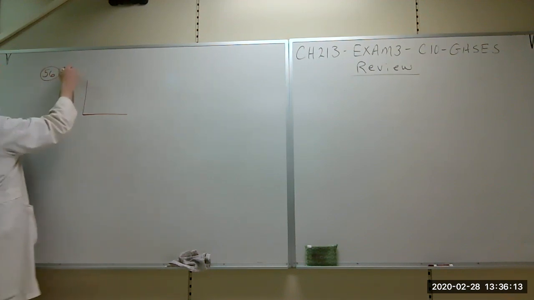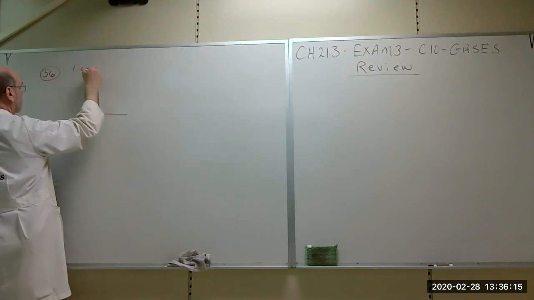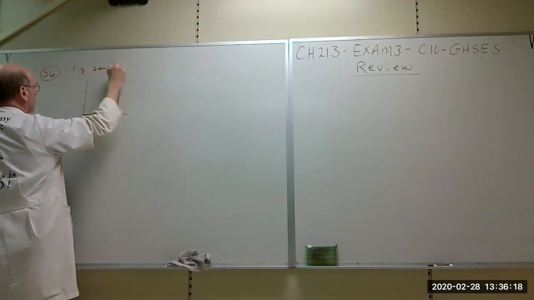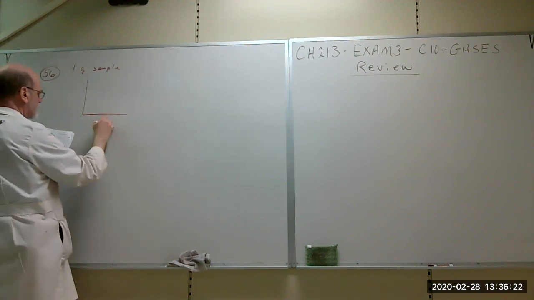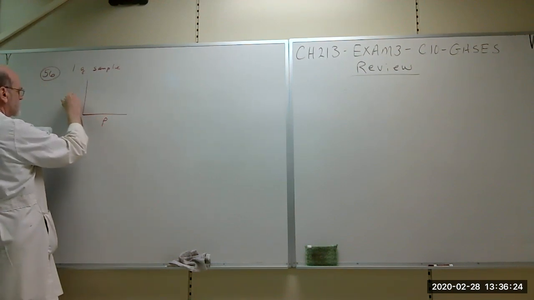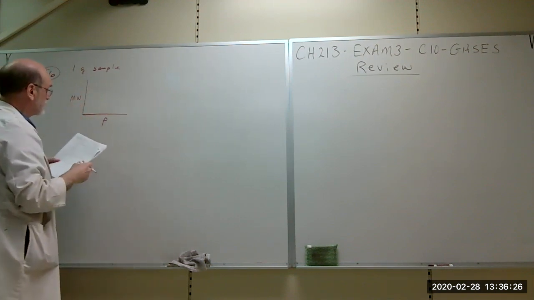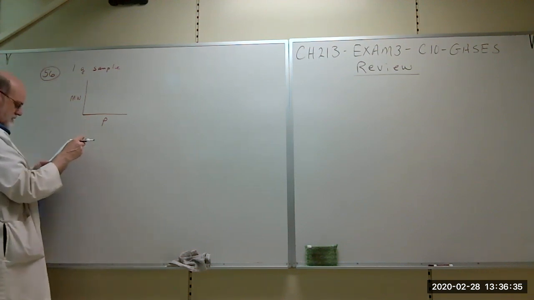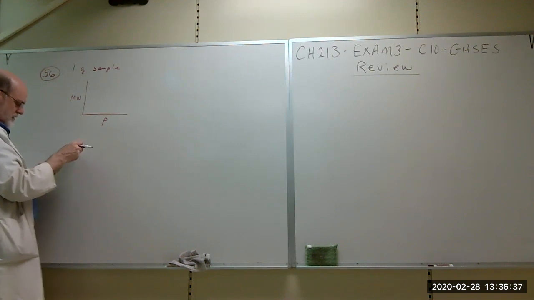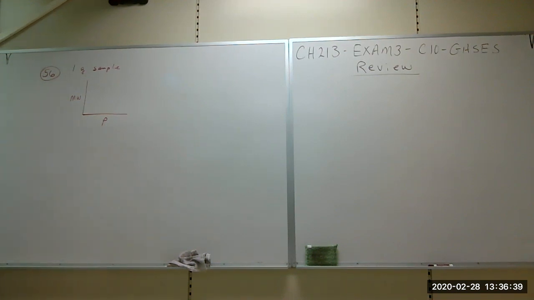Each is a 1 gram sample. If we plot pressure versus molecular weight, which one looks like that? Now, that's not real clear what it means, is it?